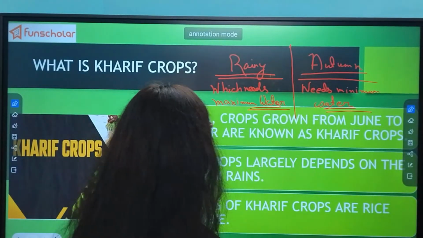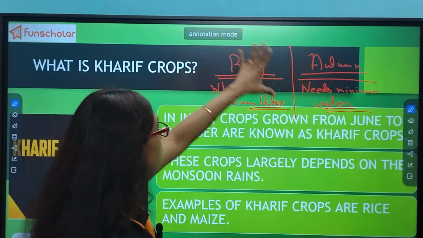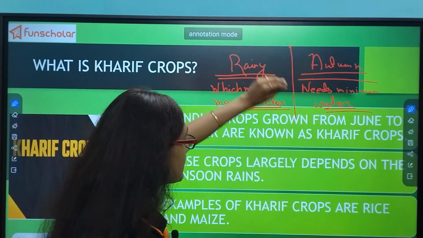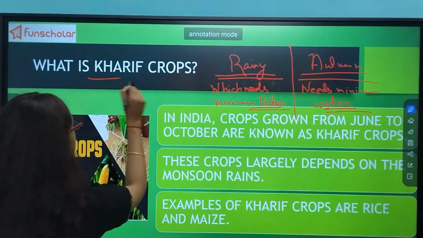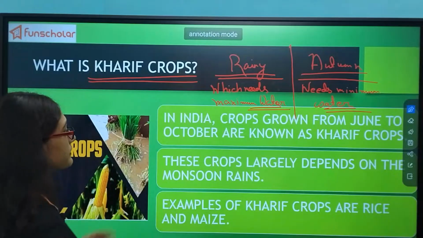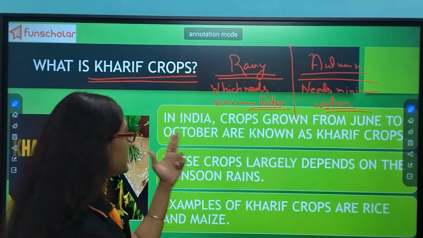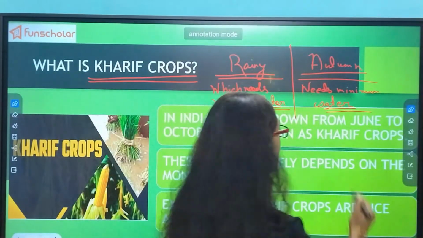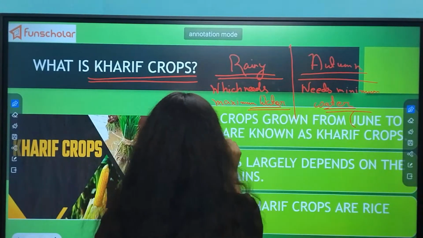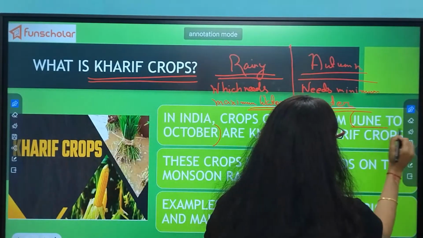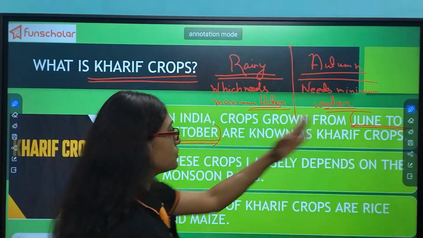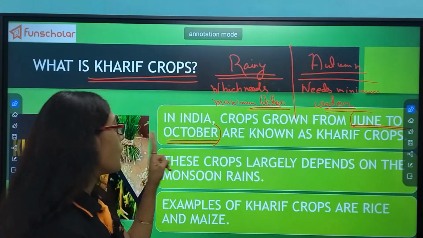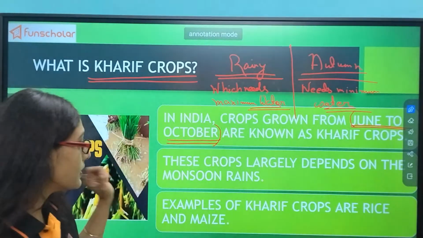So the plants that are grown during the rainy season are known as kharif crops. Okay? Now let's read. In India, kharif crops are grown from June to October. Why? Because we plant the seeds during June and the harvesting occurs during October.